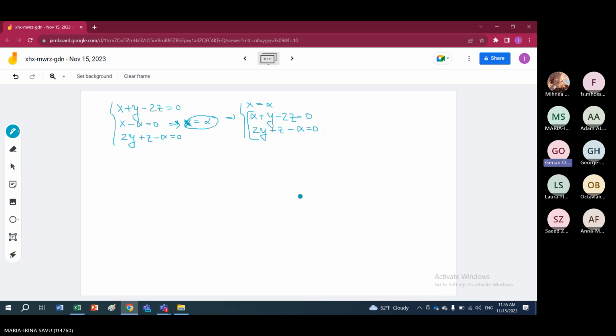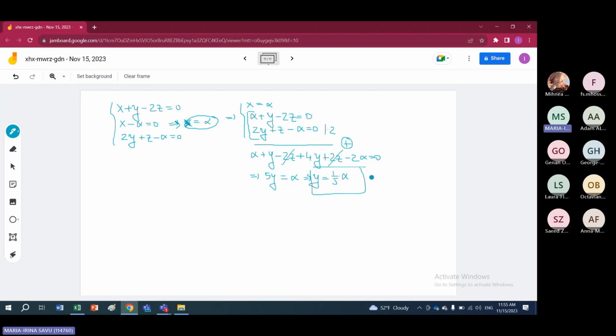We can multiply the last one by 2 and make the addition between them. Yeah, exactly. So I have alpha plus y minus 4y from here plus 2z minus 2z is 0. So I have that 5y is actually alpha, because this is minus alpha. So y is alpha over 5.